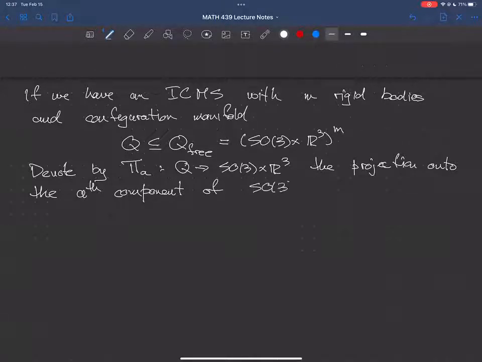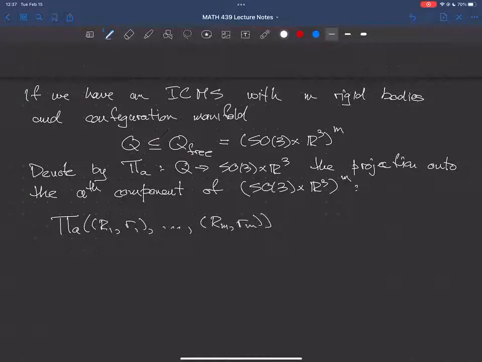And so I'll write down exactly what that is. Okay, so pi a takes a point in Q, but what's a point in Q? Well, a point in Q, after all, is just a point in Q free. And so every point in Q I can write as R1, up to RM.